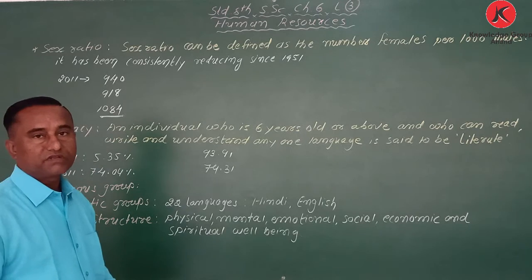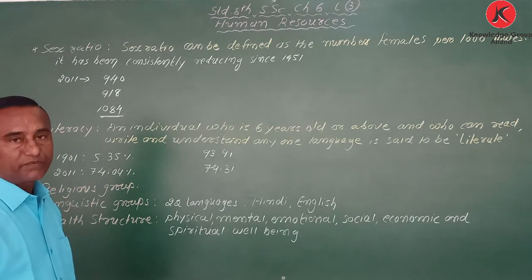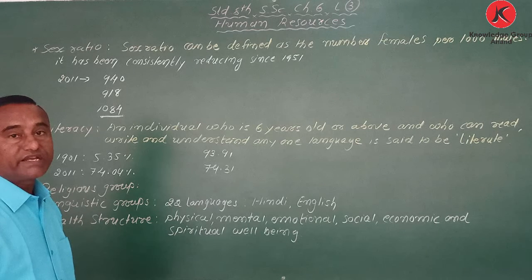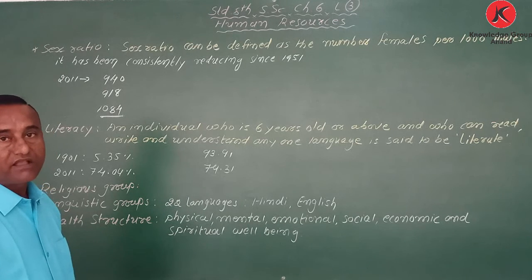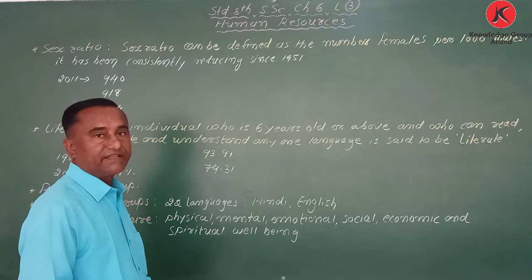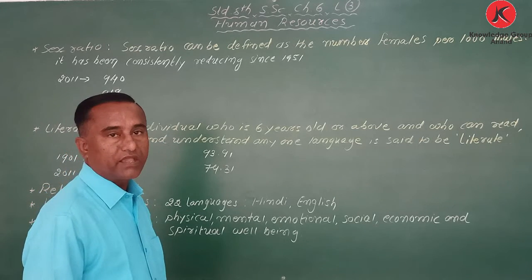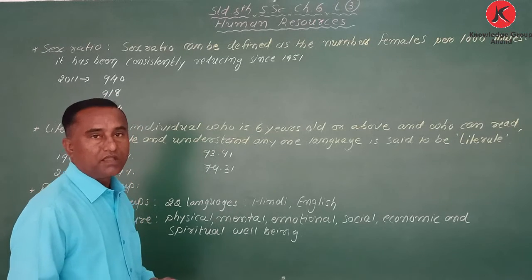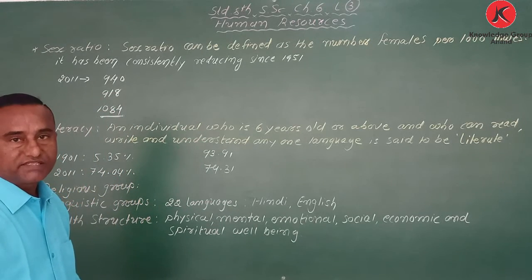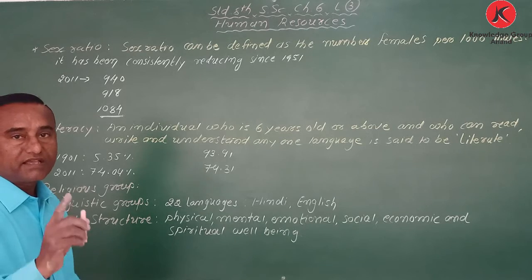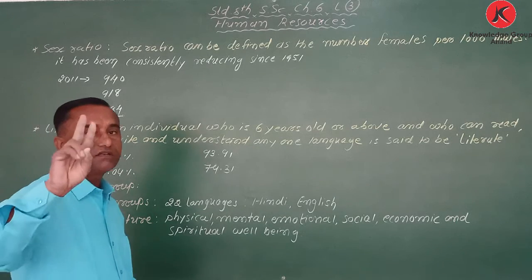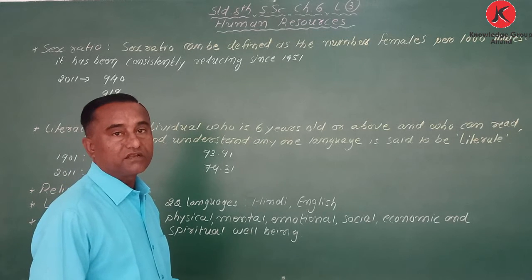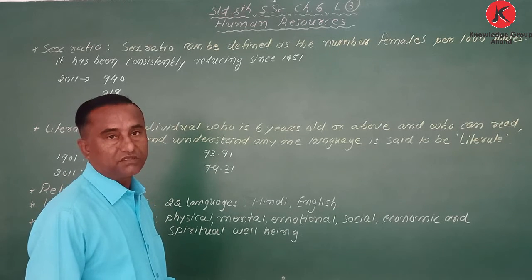Okay, my dear students, when I started the chapter, I explained that after every 10 years in India we have population counting, that is called census. I said that India is the second largest country in terms of population.